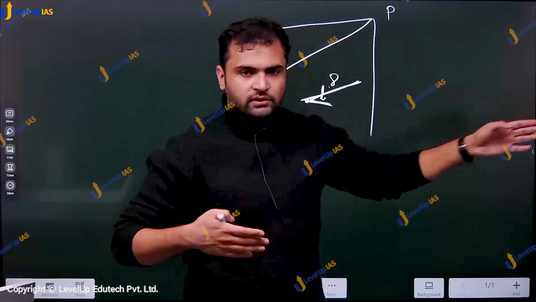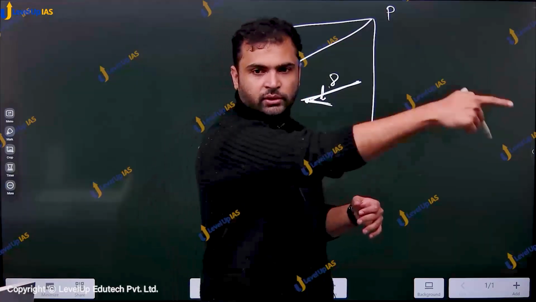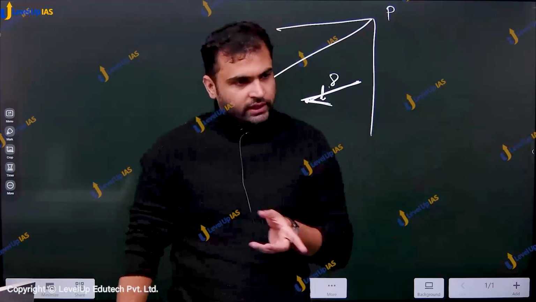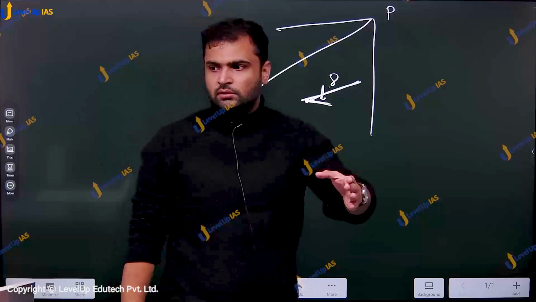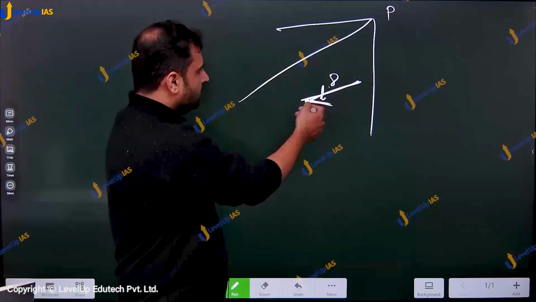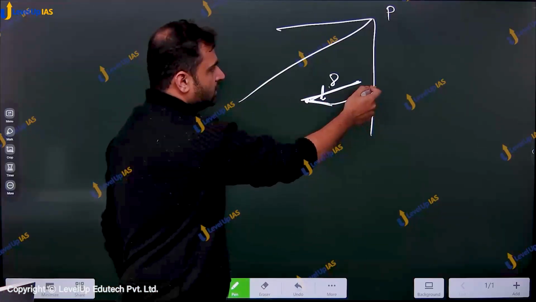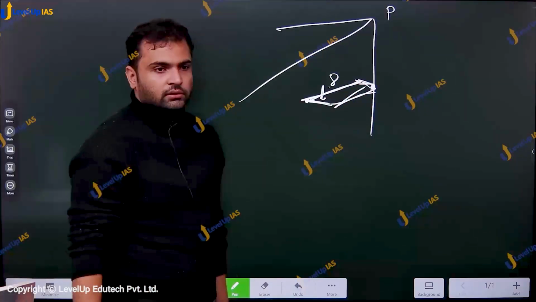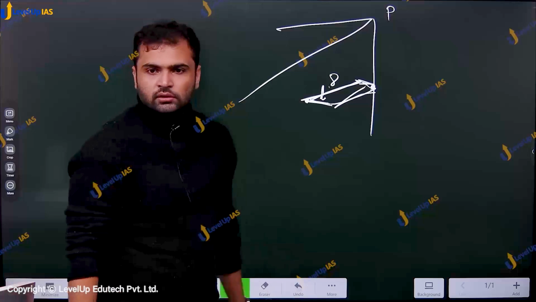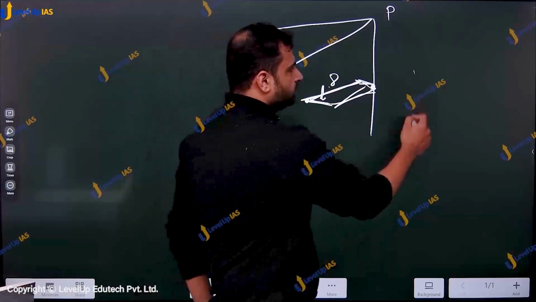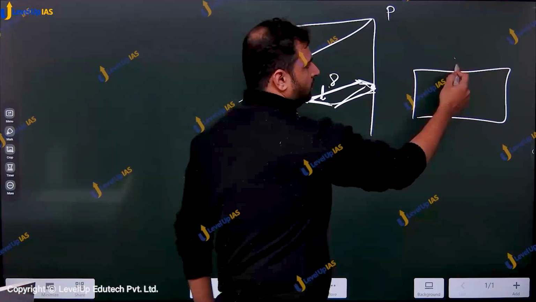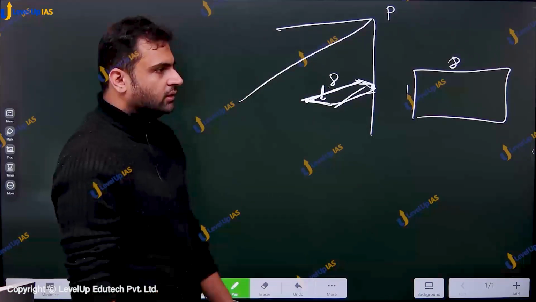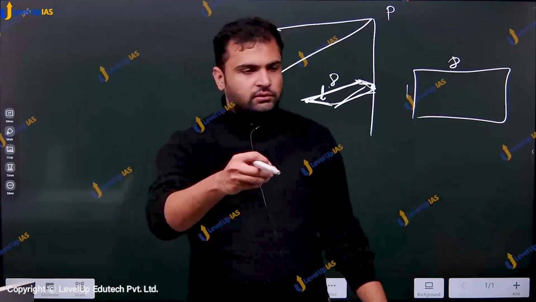Do you see that this is a rectangle kind of thing that is forming with this axis, that axis, 8 meter and 1 meter. This is the point is here.